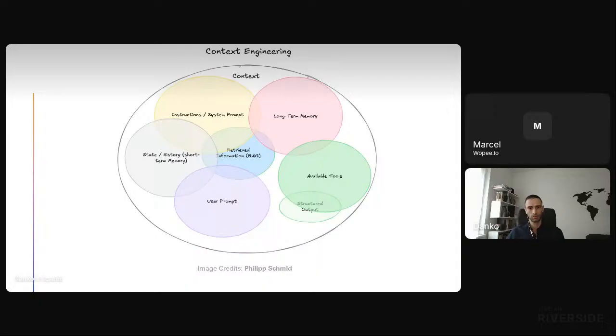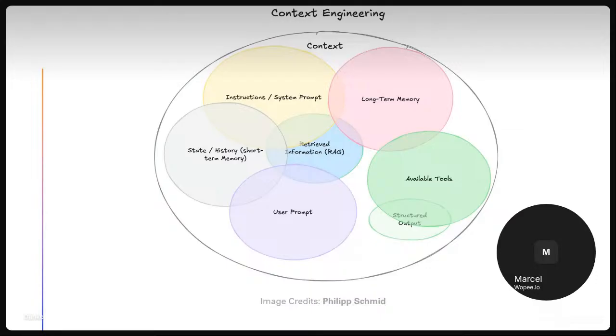And for QA applications, it means grounding the test generation in requirements, API specifications, business rules, and whatever you can feed to the model, but at the right time when it needs it, and not just putting 100 pages of business requirements into a prompt and hoping it's going to find what it needs at a given point.